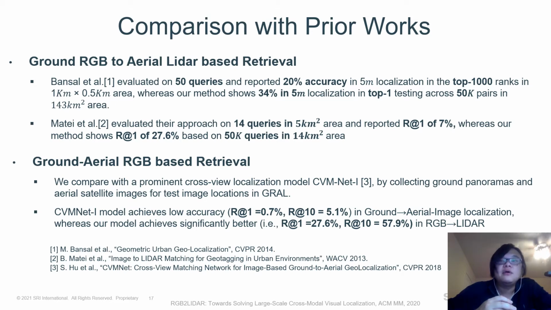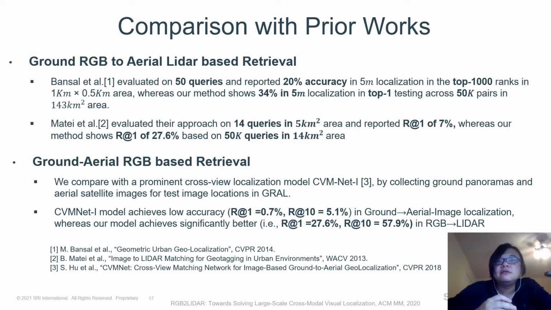For example, they are limited to an urban setting, and the localization performance depends on the availability of buildings in the image. Moreover, some works require manually annotating the building outlines of query images. However, if we look at the reported values between the prior works and our results, we can see that our performance is still much better.